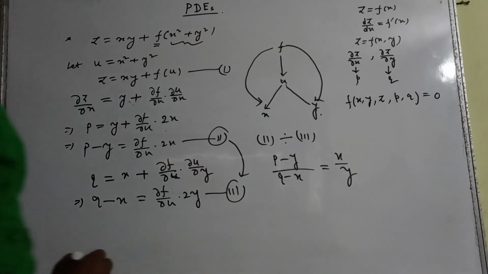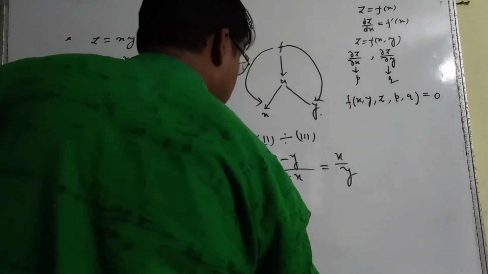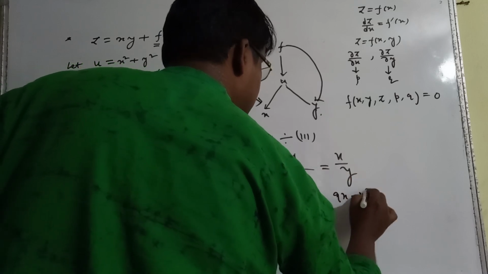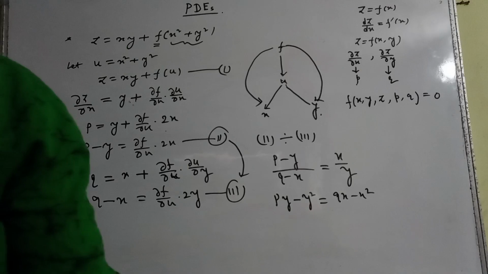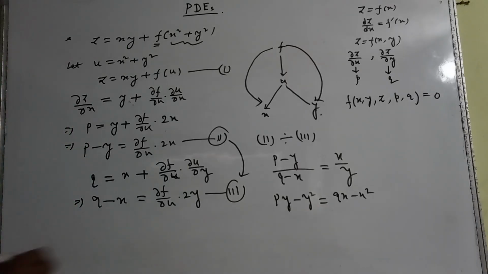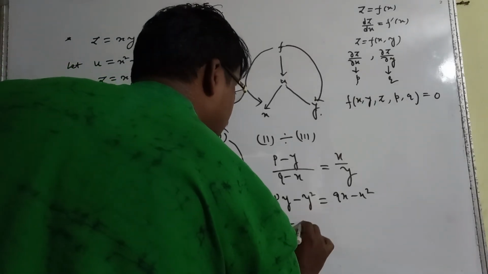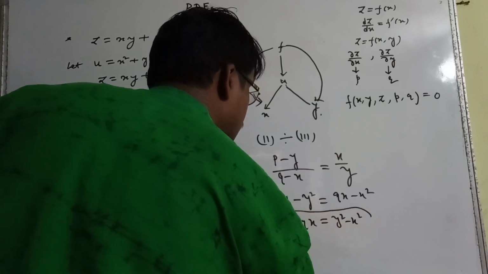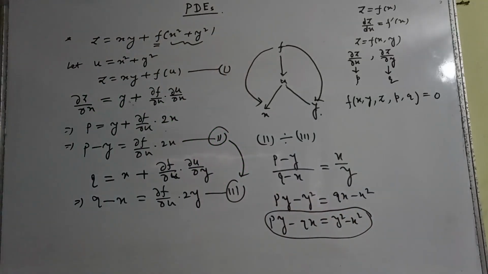Now cross multiply: py minus y square equals qx minus x square. We can write py minus qx equals y square minus x square. This is the required partial differential equation. There is no arbitrary function. This is one example of eliminating an arbitrary function and constructing a partial differential equation.